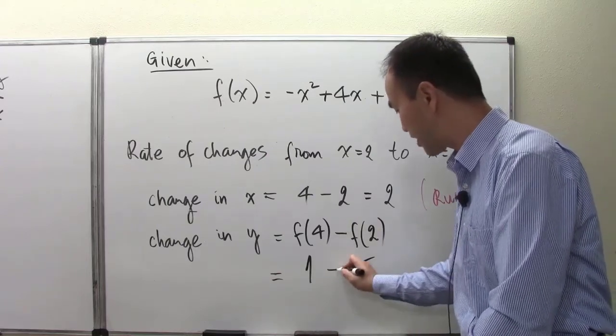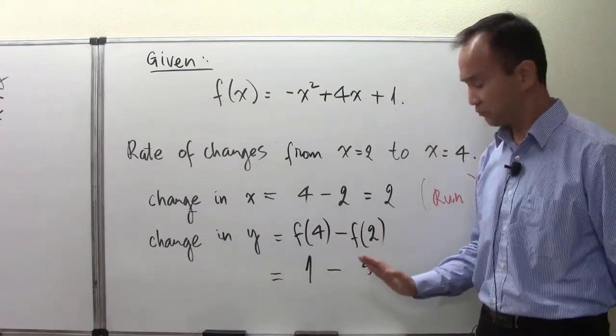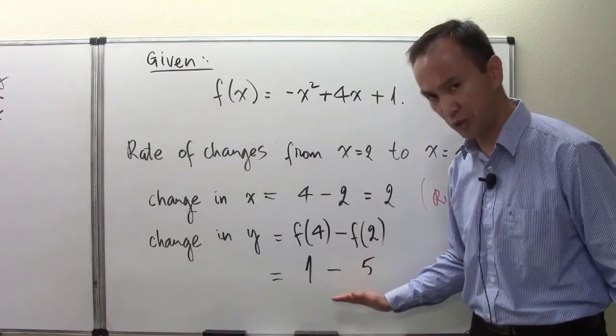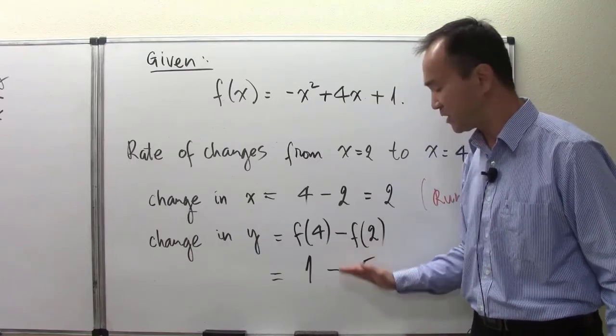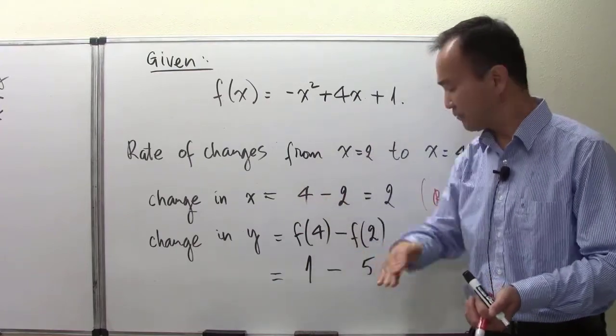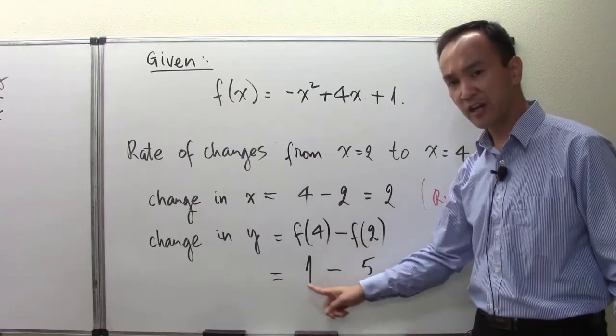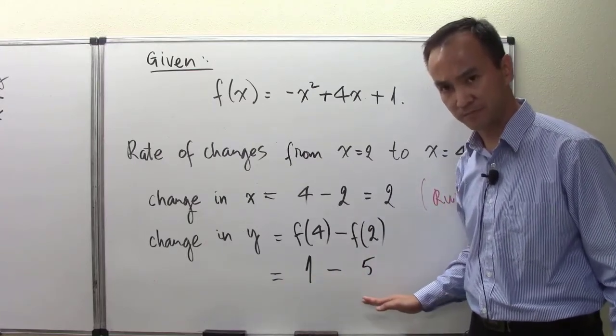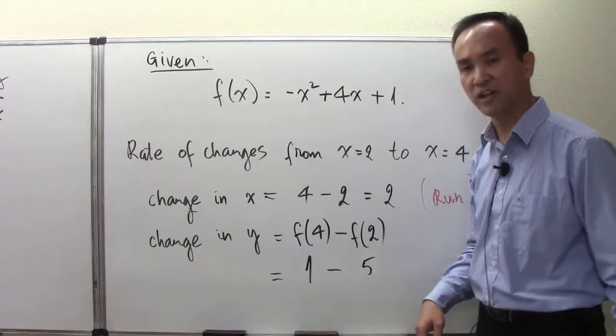And then we subtract. This is consistent with what I said earlier. On the outputs, we don't have to follow the rule that the final has to always be bigger than the initial. We don't have to worry about that requirement.